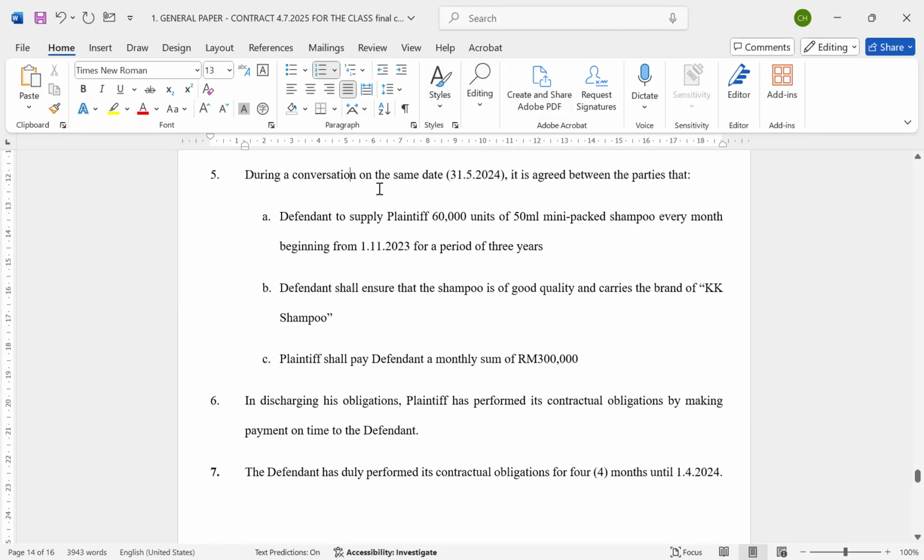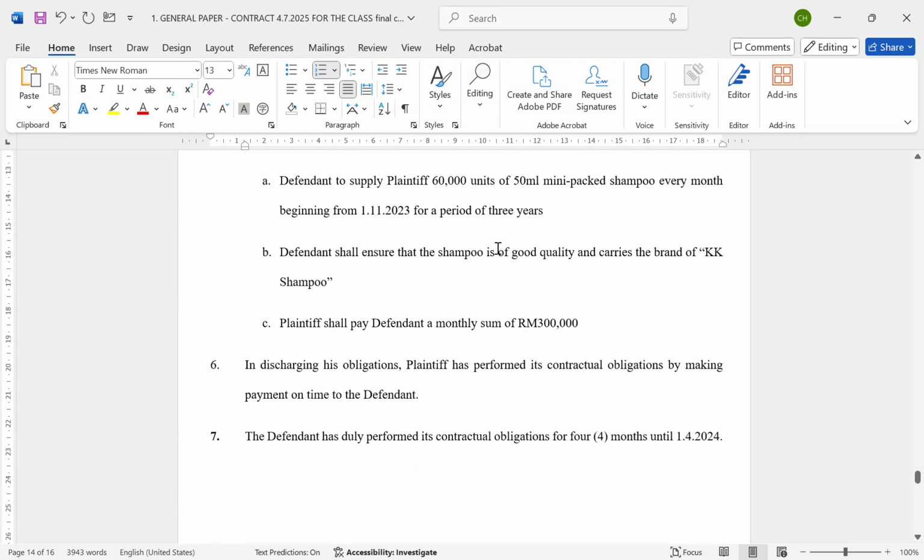So during the conversation of the same day, that is 31st May, it is agreed between the parties that defendant, list down the obligation clear. A. Defendant supplies 60,000 unit of 50 mini pack shampoo every month beginning from 1st of November 2023 for a period of 3 years.